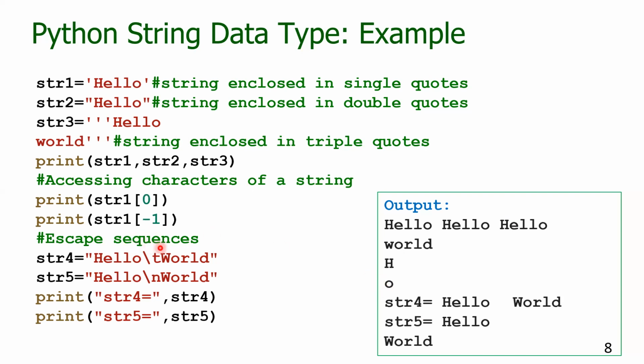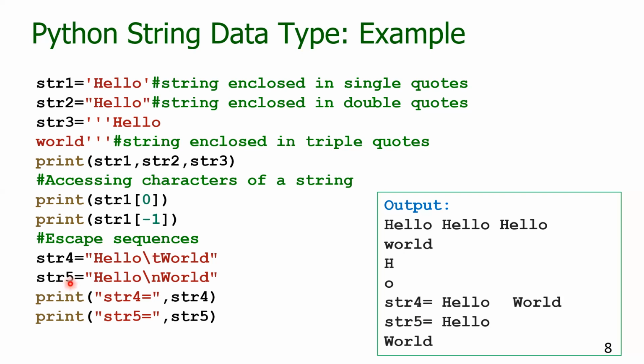We can use the escape sequences when we assign the values to the string variables. For example, here str4 is assigned with hello world, where these two words are separated by a tab space. And this tab space can be used by using the corresponding escape sequence, backslash followed by t.